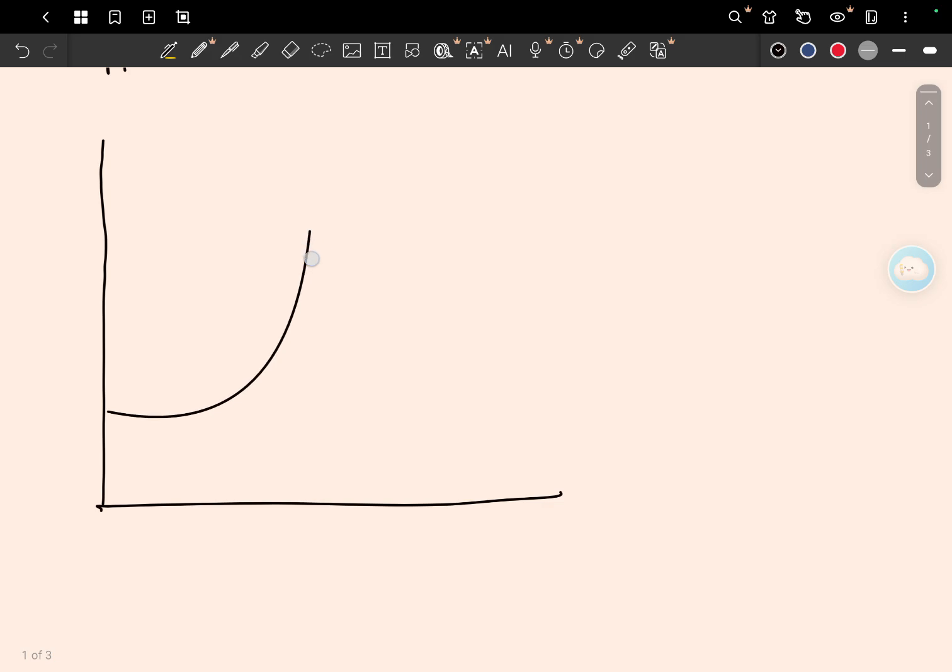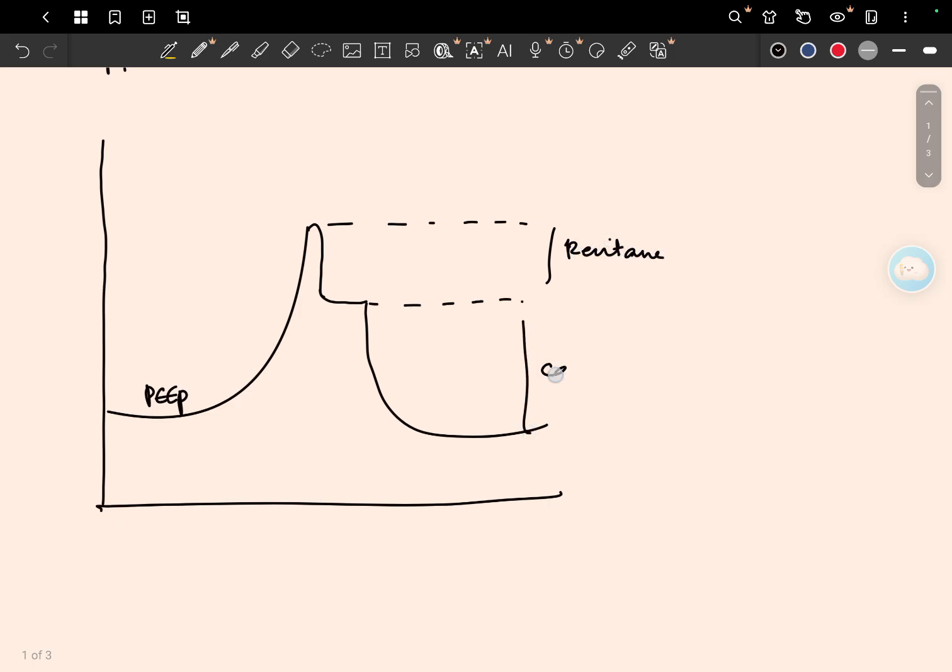This is PEEP, this is airway resistance, and this is compliance of the pulmonary system.